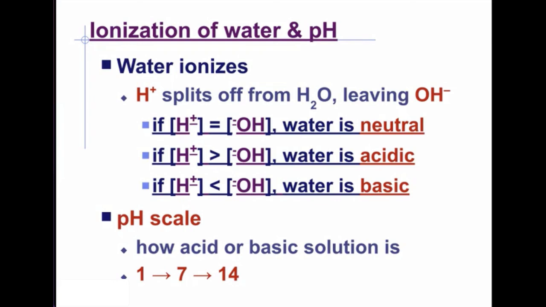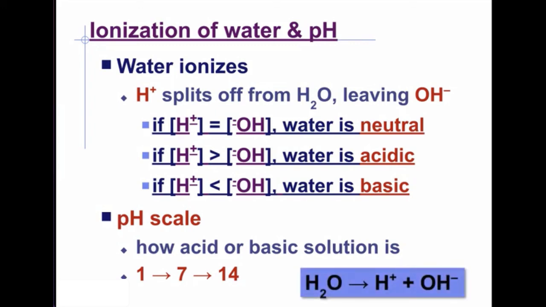And if the H plus is less than OH minus, then water is basic, which of course contributes to our concept of pH. The pH scale measures how acidic or basic a solution is, from 1 through 7 to 14. Here is the equation comparing hydrogen versus hydroxide to see if the substance is acidic or basic.